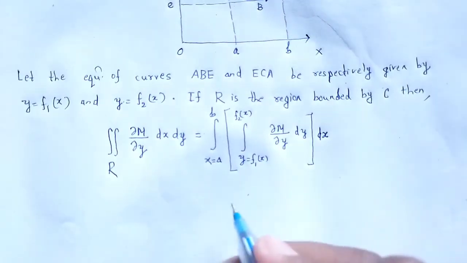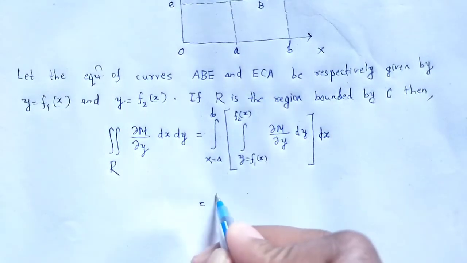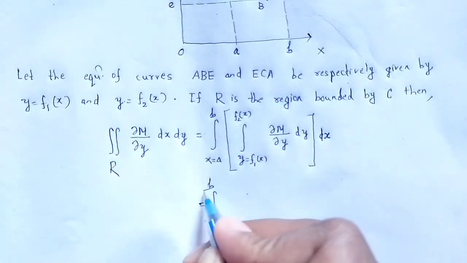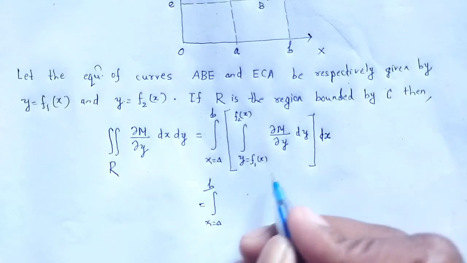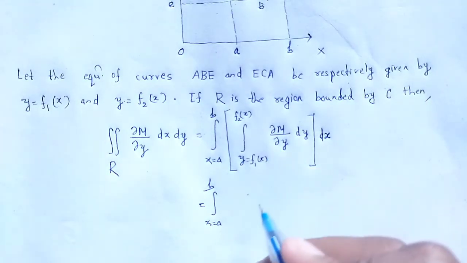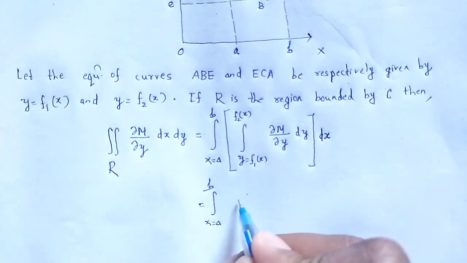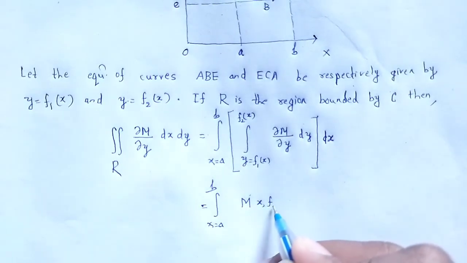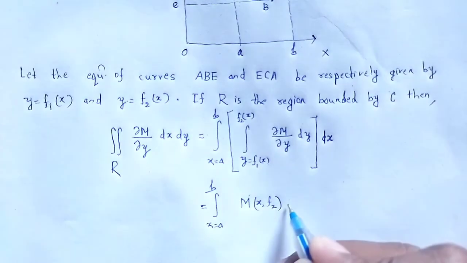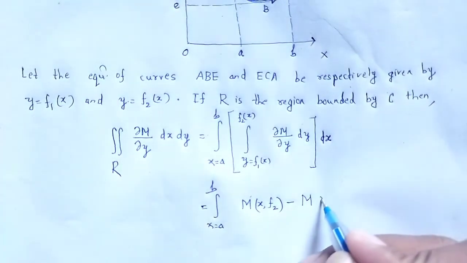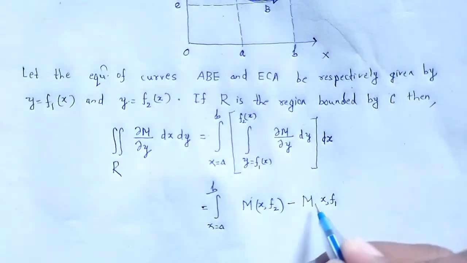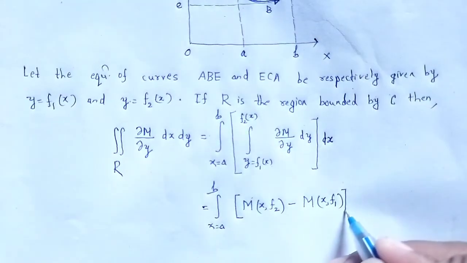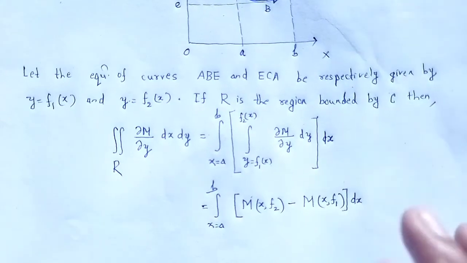Solving this integral, we write the integration from x equal to a to b, putting the proper limits, M(x,f2) minus M(x,f1), integrating with respect to x.